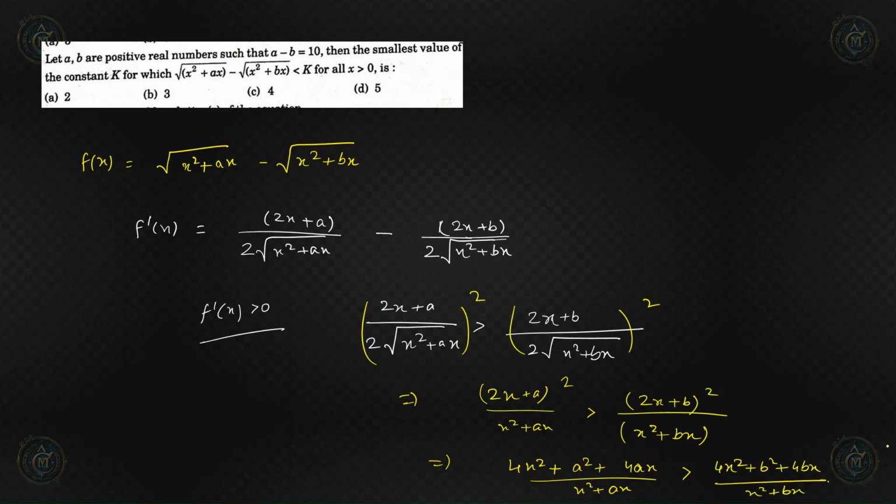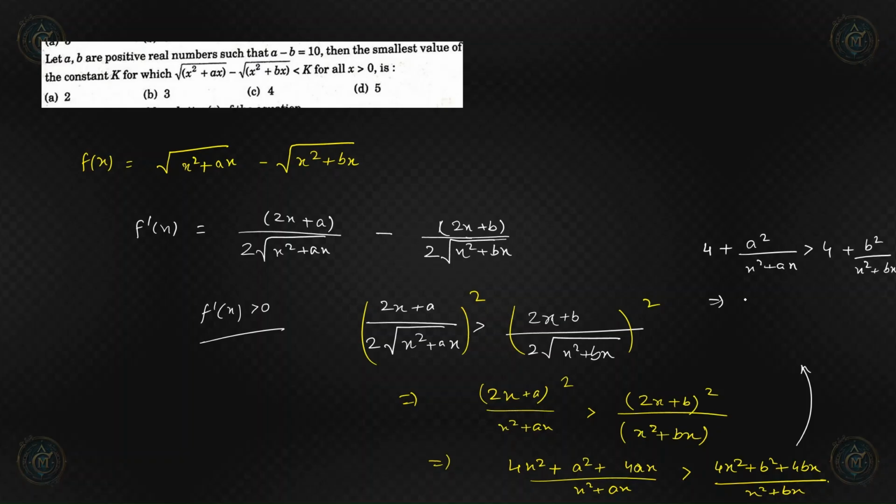Now, if x is not equal to 0, we are excluding the point x equal to 0, so we can cancel this x square plus ax, right? So this becomes 4 plus a square divided by x square plus ax should be greater than 4 plus b square divided by x square plus bx.